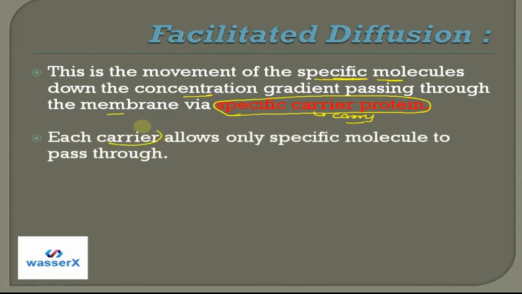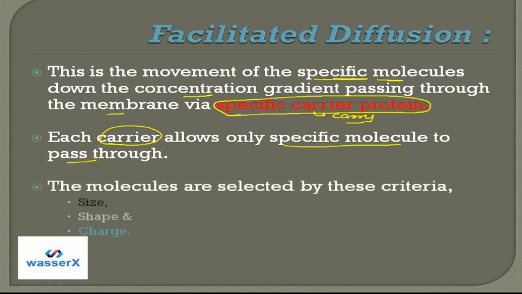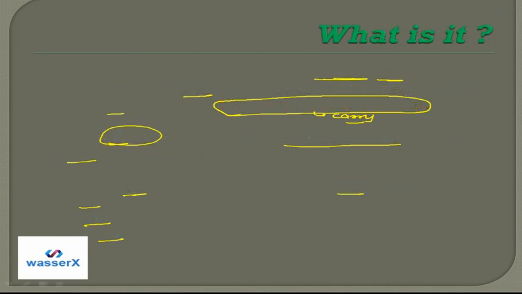Each carrier molecule will allow only a specific molecule to pass through and not all molecules. These molecules are selected by these criteria: their size, shape and charge. So depending on size, shape and charge, each molecule will have its particular carrier molecule.